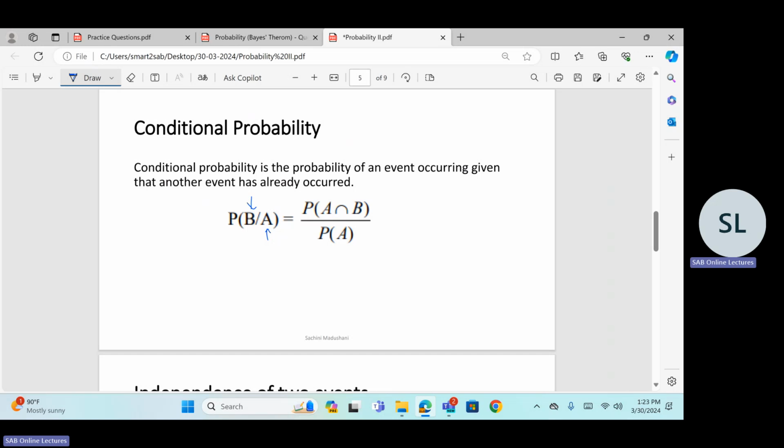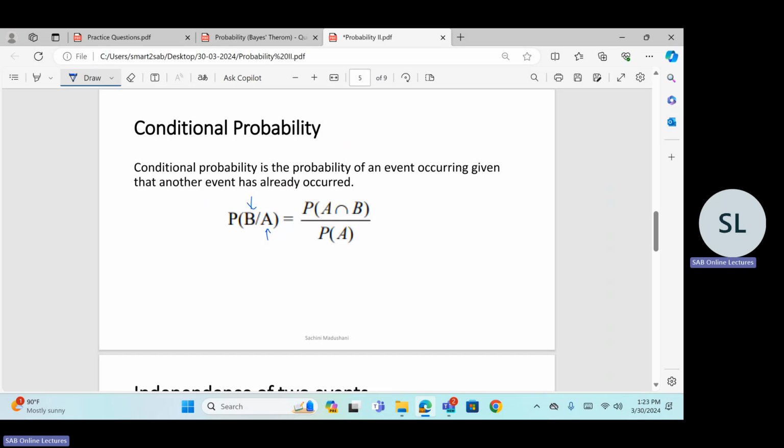It means we need to get the probability value of the event in here. Then which event has already occurred, event A or event B? In this one, event A. Understood? Why is event A the first event? In here, we write the first event, then the second event.